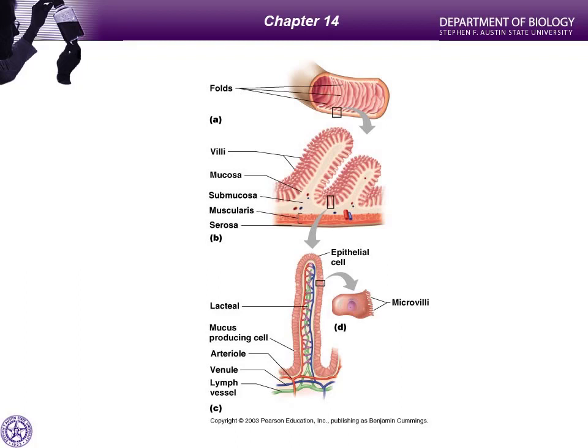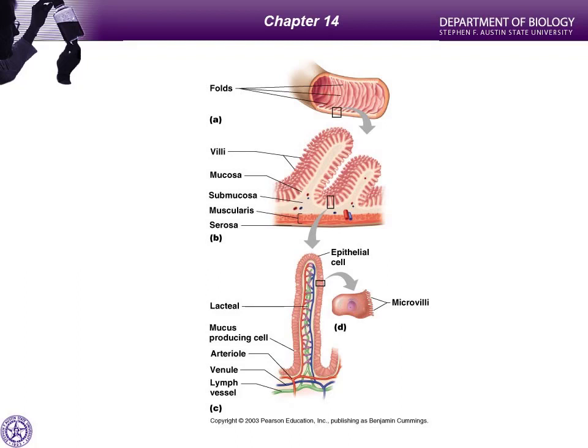And on those villi, every one of those little white finger-like projections, those are the cells, the absorptive cells. And if we look at those cells a little bit closer, there you can see a single cell. See those little hair-like projections on the surface? Those are the microvilli.